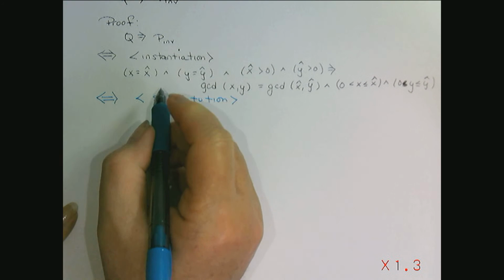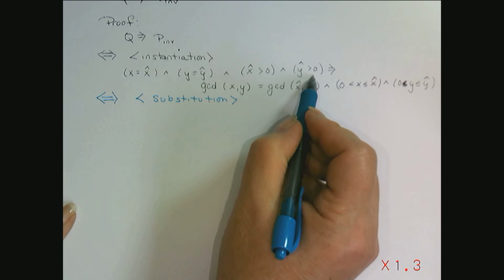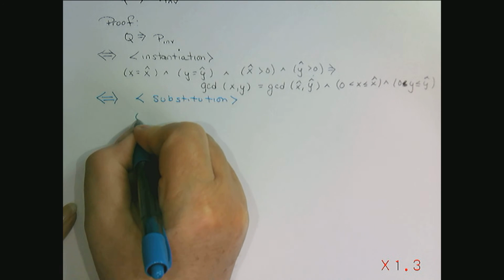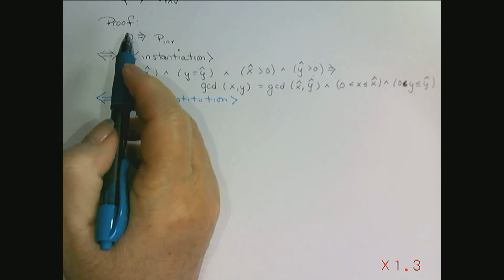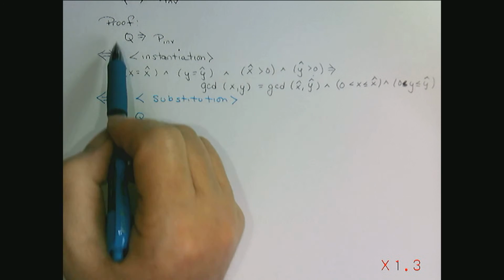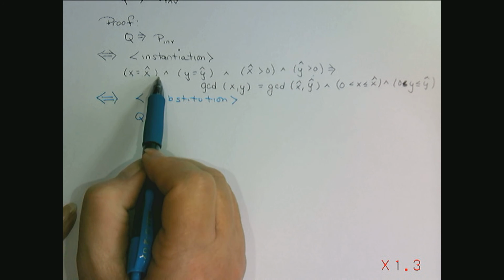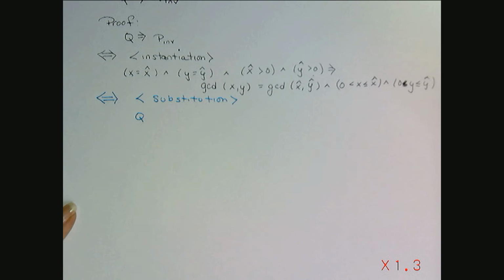So by substitution, I'm going to leave the stronger side as is, so I'm going to go back and write it as Q. Notice usually when I'm proving things, I don't instantiate Q until later, but this time I did right away because I noticed I could then use substitution.